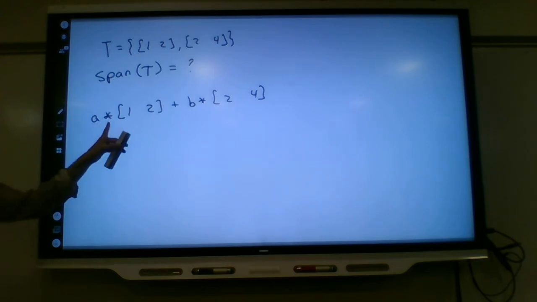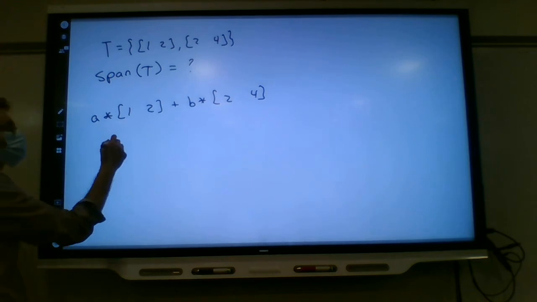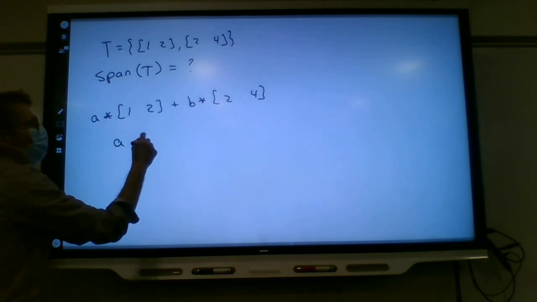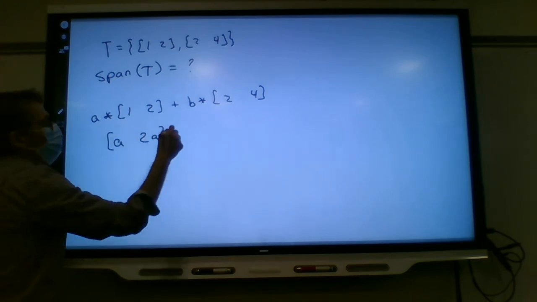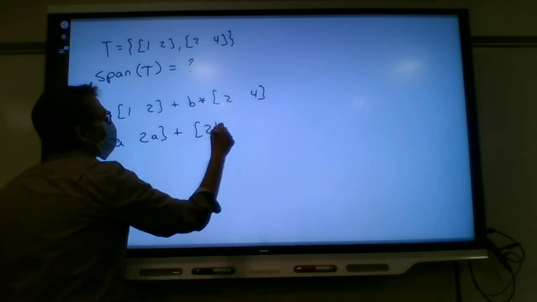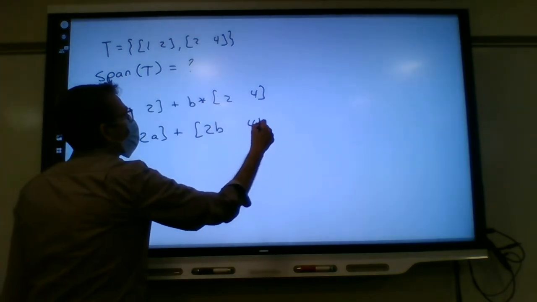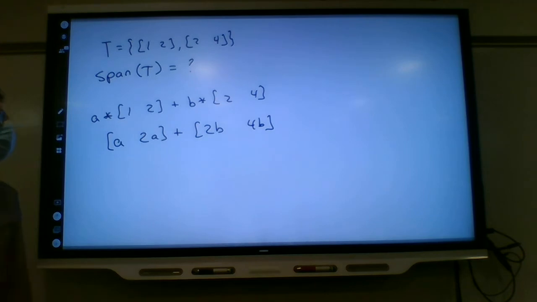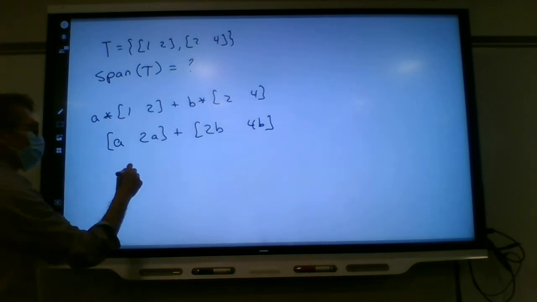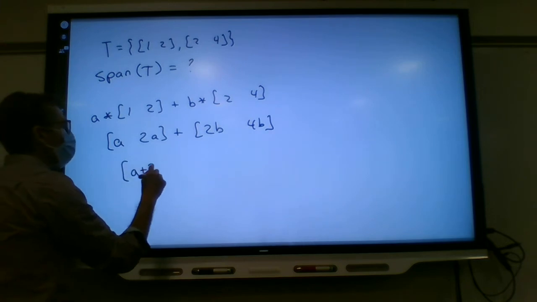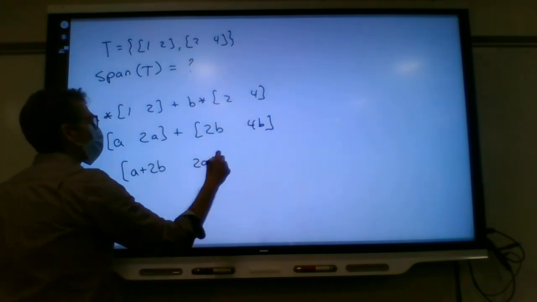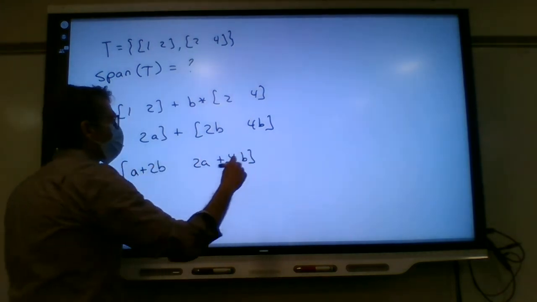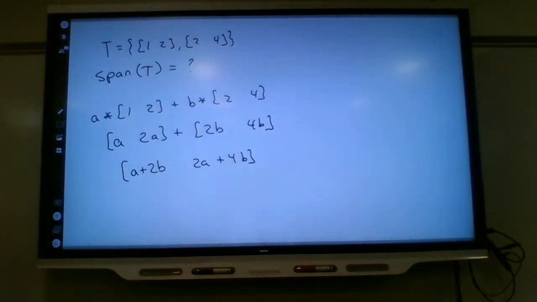So what do we have here? We have A and 2A plus 2B and 4B. So the kinds of things we can construct look like this. All right?